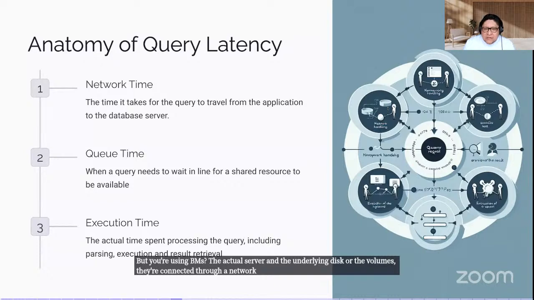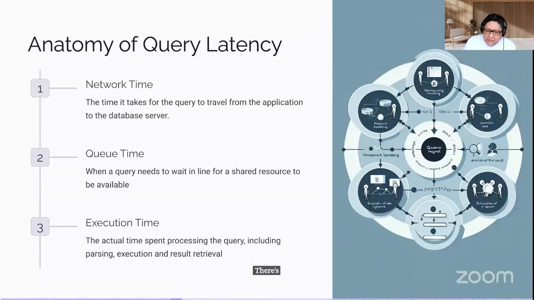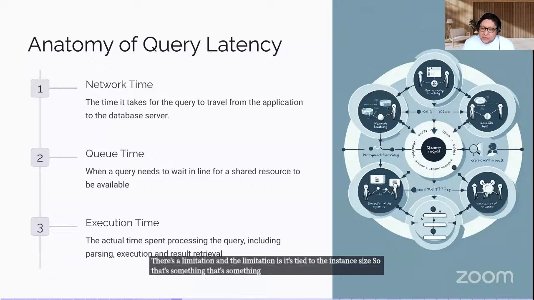On AWS, for example, the network bandwidth between the EC2 instance and the EBS has a limitation tied to the instance size. That will impact the query latency because that is network time getting the data through the SAN or the NAS or whatever and going back to the server. So that network time is important.